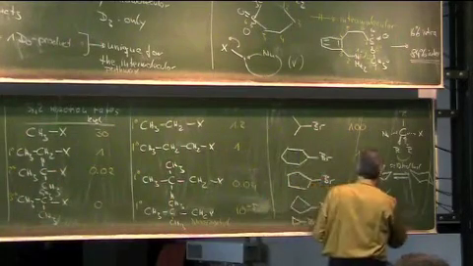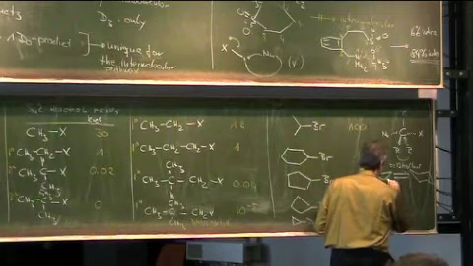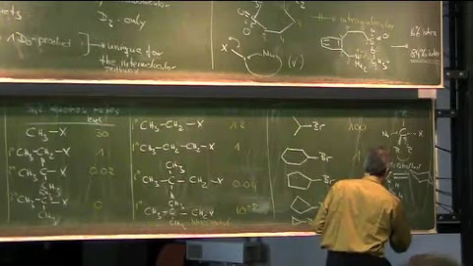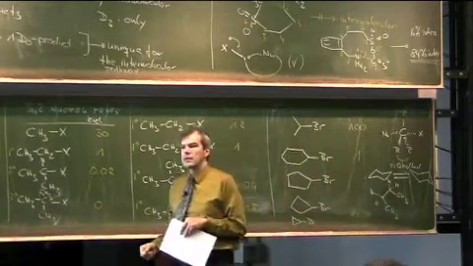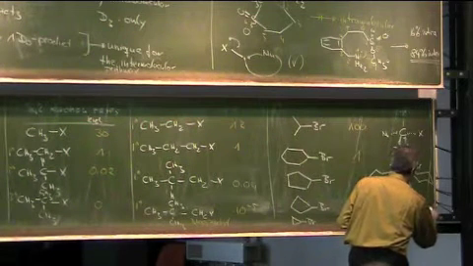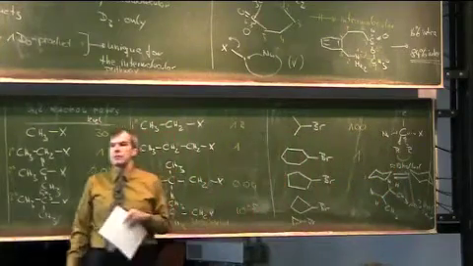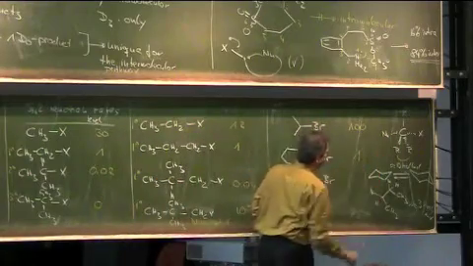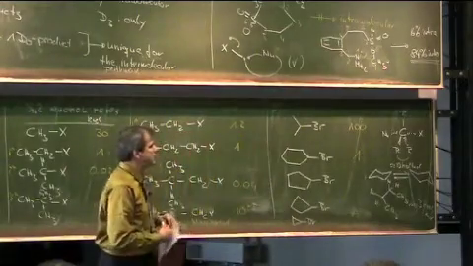But compare this to the rotation barrier in a butane molecule, which is roughly, I think, 3 kcal per mole. So flipping the ring takes a little bit more energy because you have to rearrange all the atoms, but it's possible.